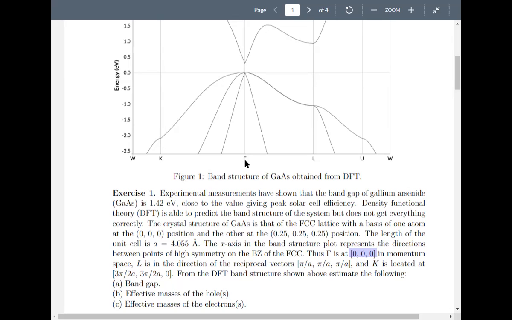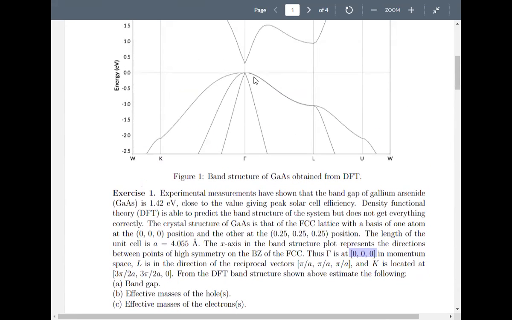So if you look at the K point, the K point is at this point. This is a K point, this is a K point, this is a K point, and so forth in this Brillouin zone. One of the K points is given by 3 pi over 2a, 3 pi over 2a, 0. So then you can figure out what is the distance in this direction. Does that make sense?